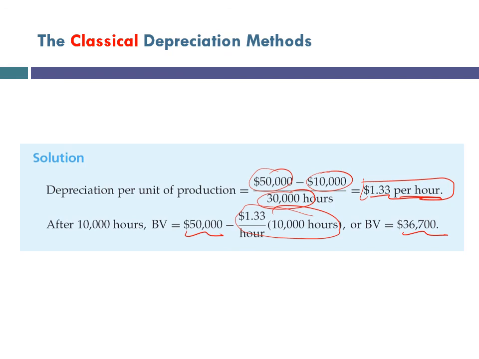We learned the concept of depreciation in this chapter. We learned several terminologies related to depreciation, and we learned three methods of depreciation: the straight line method, the declining balance method, and the units of production method.